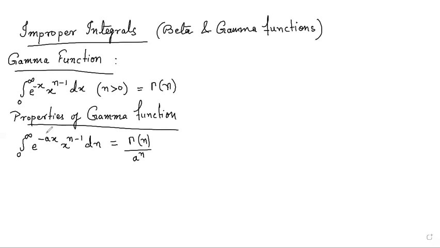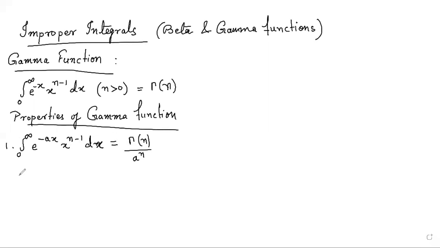So if the integral is of this type, integral e to the power of minus ax, x to the power of n minus 1 dx, it equals gamma n divided by a to the power of n.